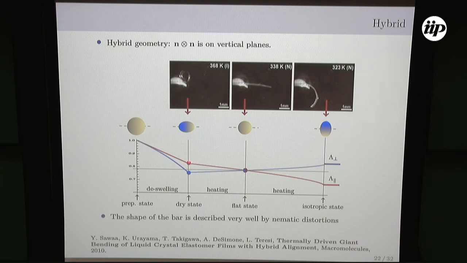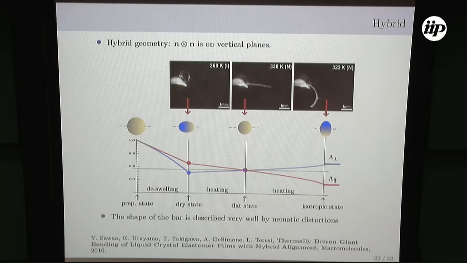And so here is the lambda parallel and lambda orthogonal at the top of the beam. And so the top of the beam is long, and you have this bending. Then at this temperature, the two strains are the same, and the beam is flat.